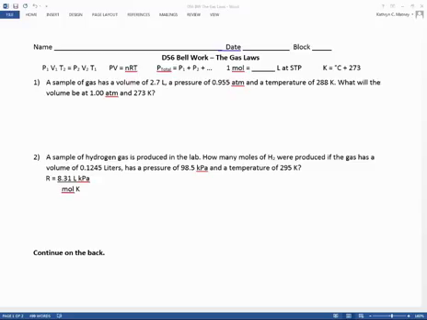Okay, it talks about moles, and what else? Big fat clue, it's given R. Therefore, I know that this one's going to be PV equals nRT. I have to memorize those 2 gas laws, yes? I have to memorize them.